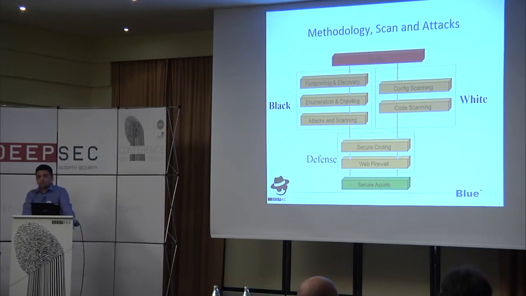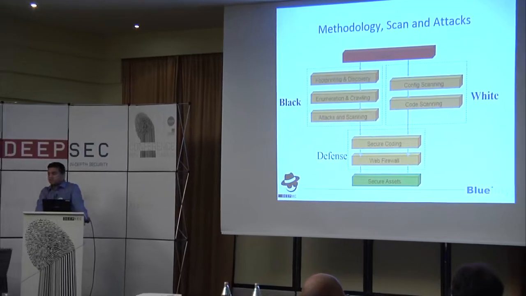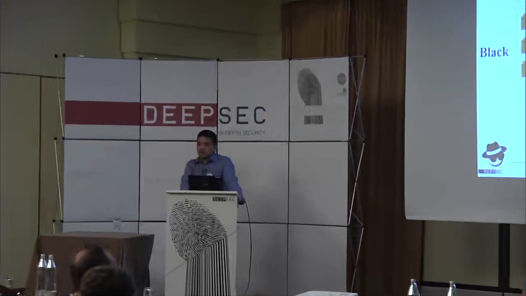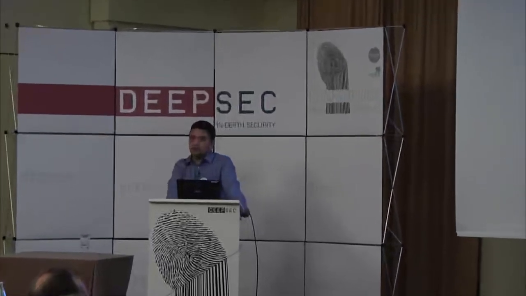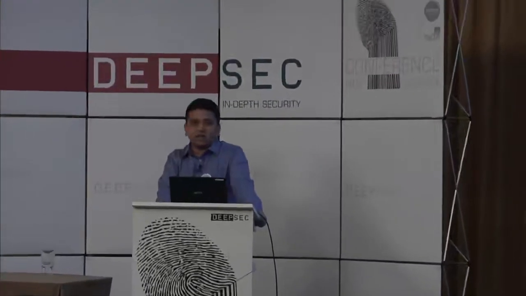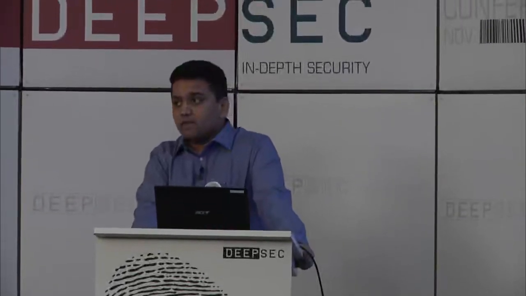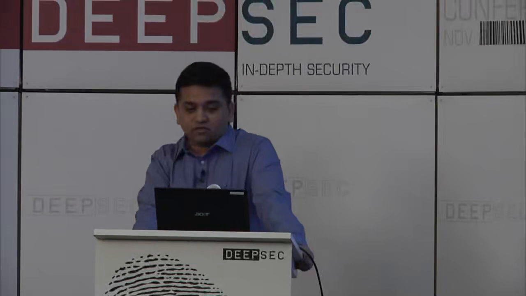On the source code review front, the biggest challenge is that it generates so many false positives that you actually end up removing an actual vulnerability while removing the false positives from the source code.